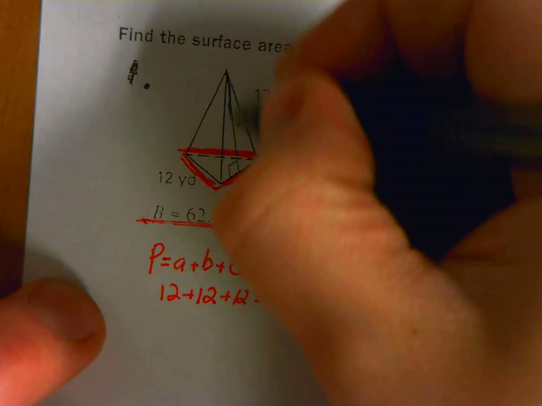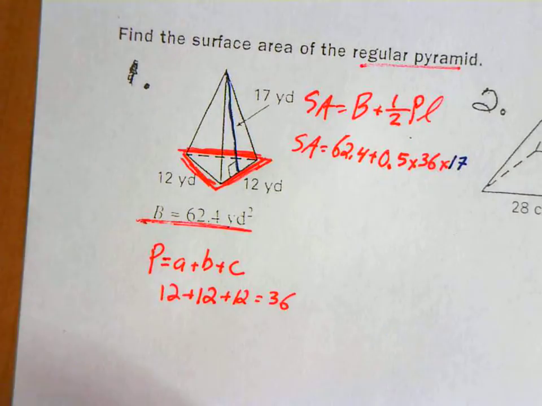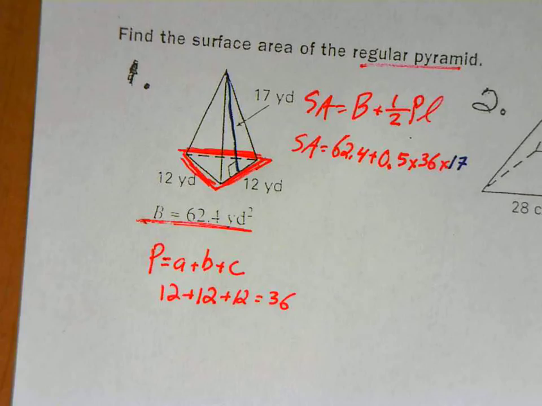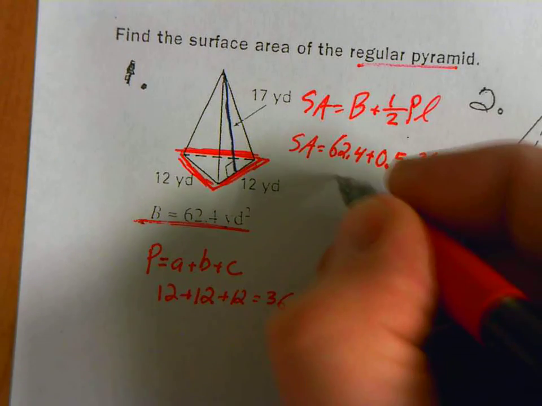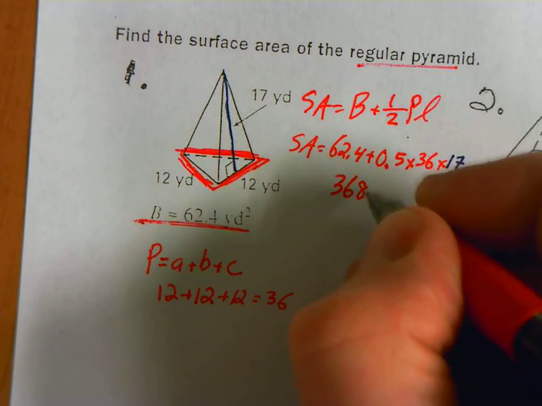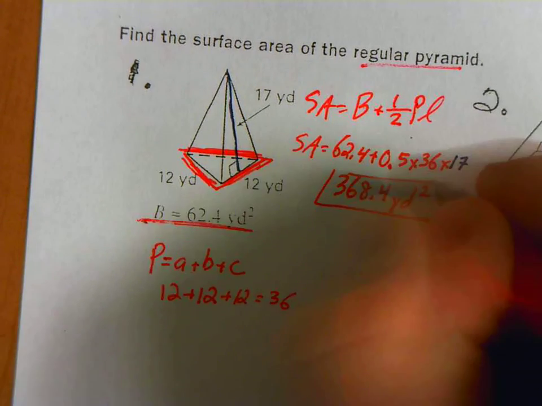Yeah, the distance here along the side, 17. And then we carefully type that into our calculator. And the final answer we get on that one, 368 4/10 yards square.